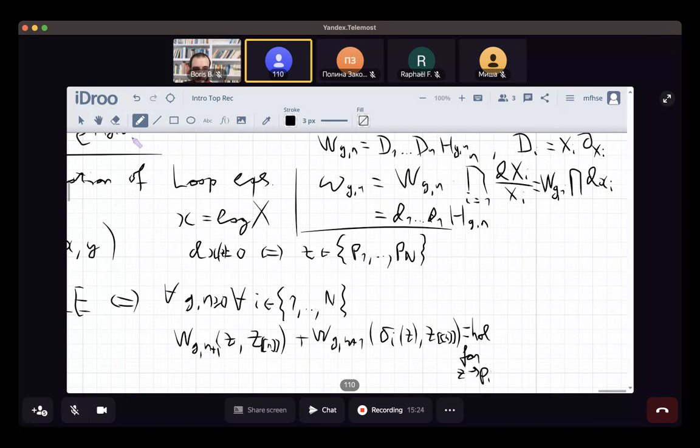So I think this is clear, and it's now clear that if we look at some point p_i, then because p_i is a critical point, dx_i has a simple zero there, since we said that all those critical points are simple. Meaning that if W is just holomorphic, then omega will be holomorphic and have at least a simple zero. Do you agree?